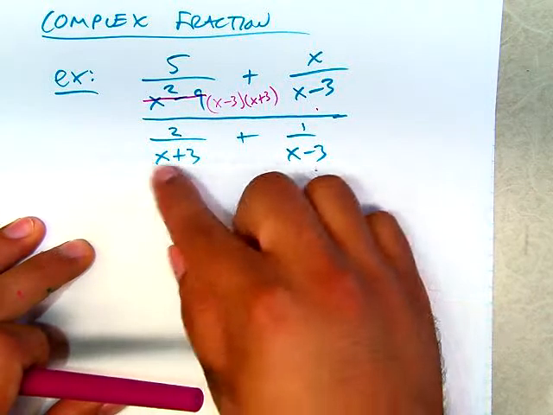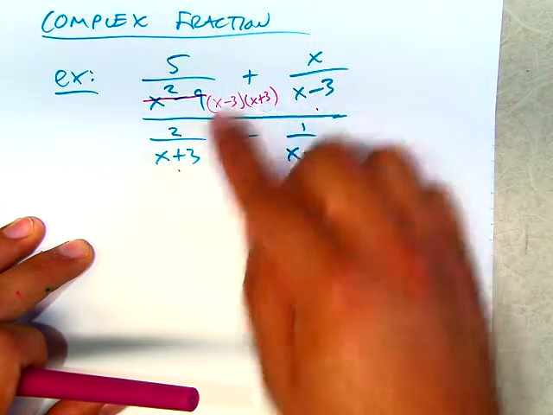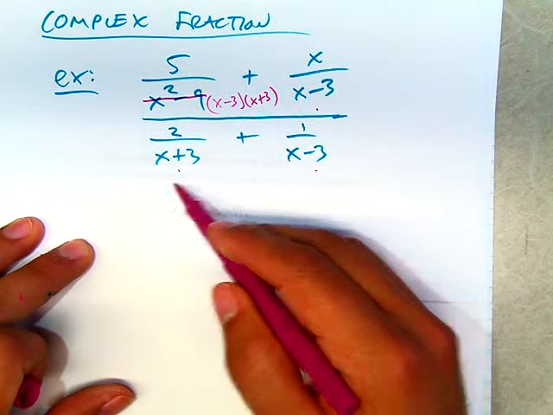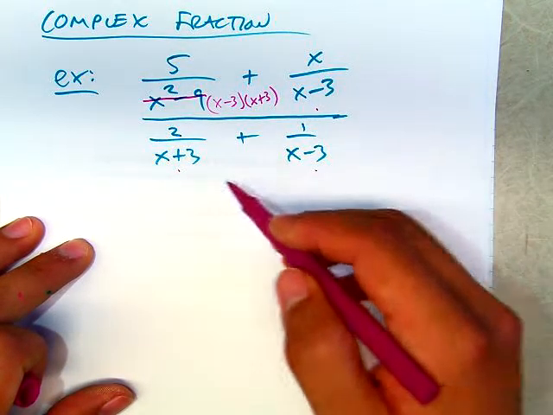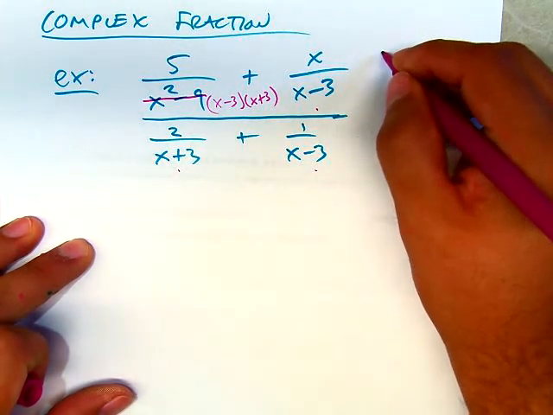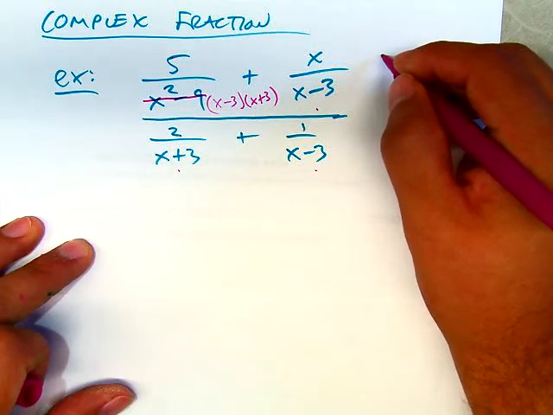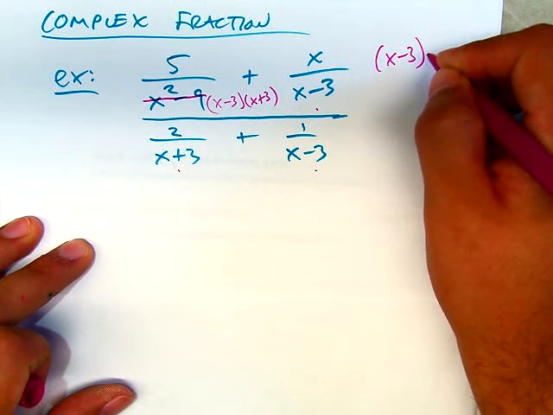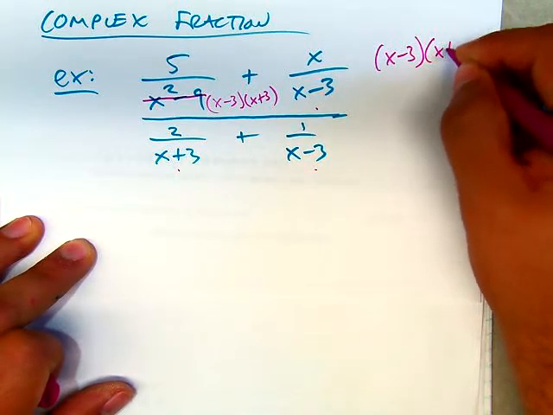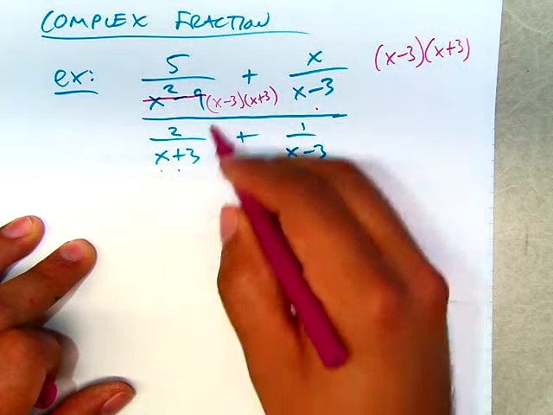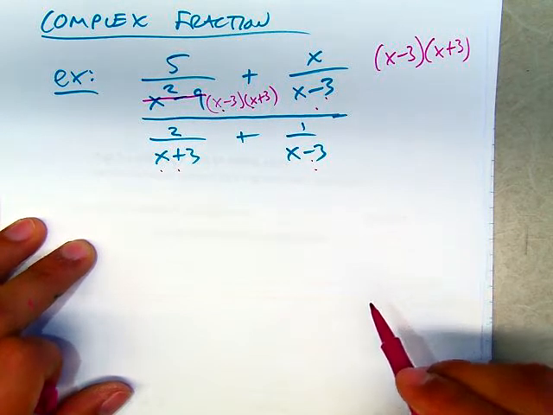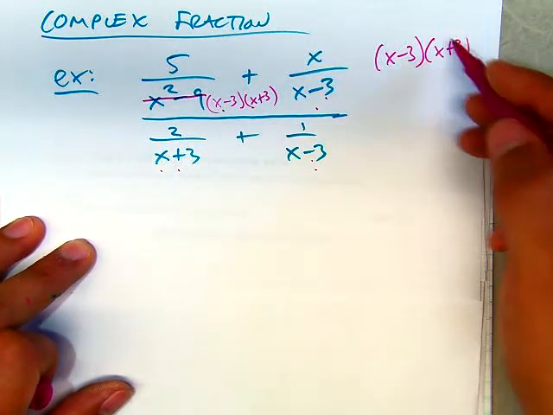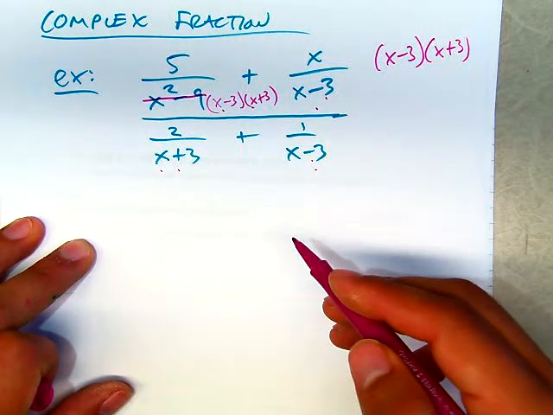And now what you do is look at all 4 denominators. What do you see in common? Most of them have x minus 3, and some of them have x plus 3. That covers every denominator, right?